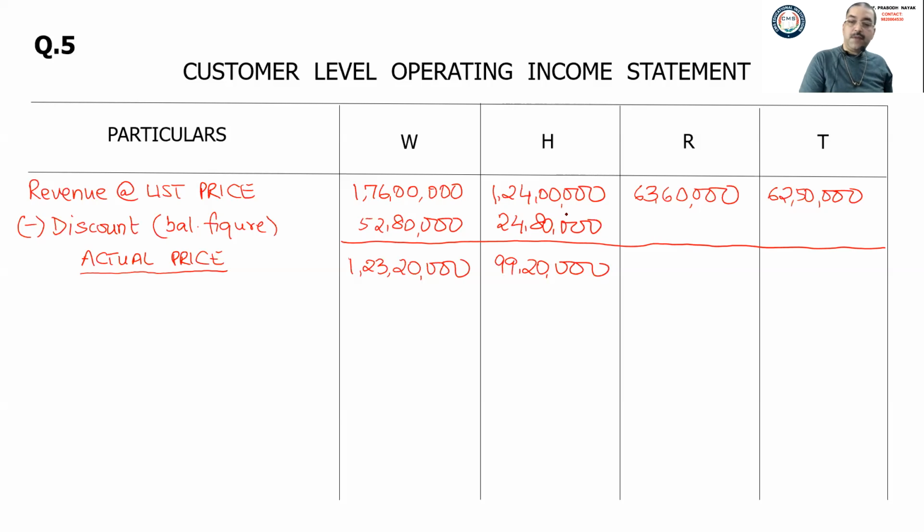850 into 30 into 212 is 54 lakh 6,000. Minus 63 lakh 60,000, it's 9 lakh 54,000.